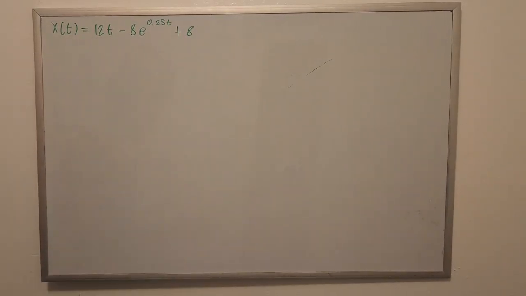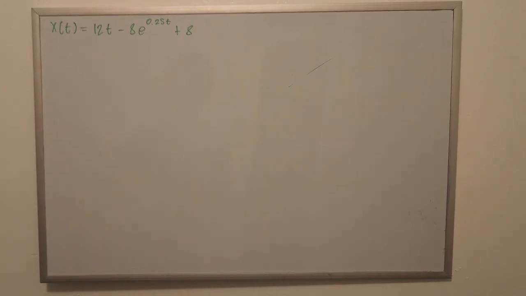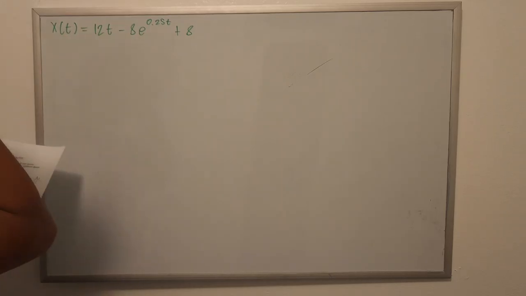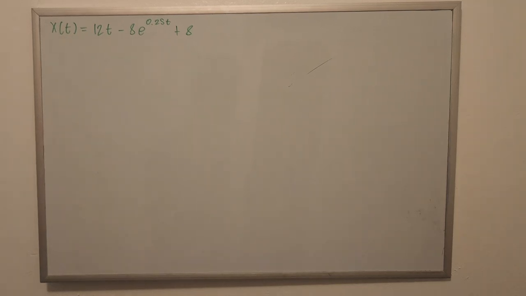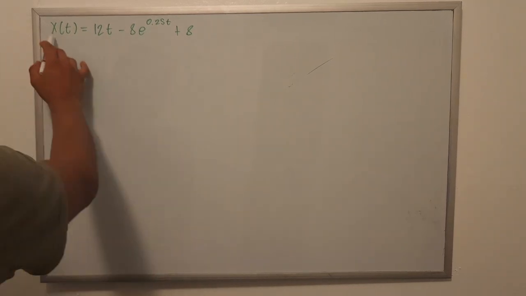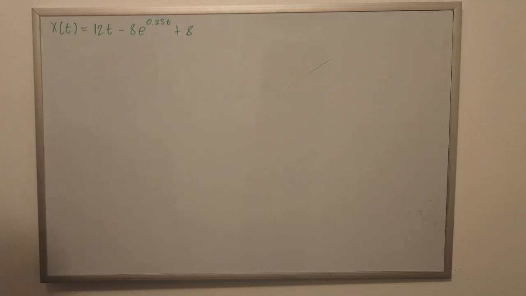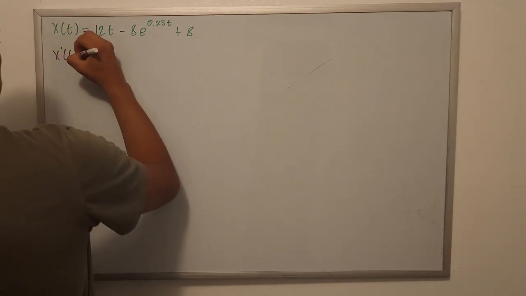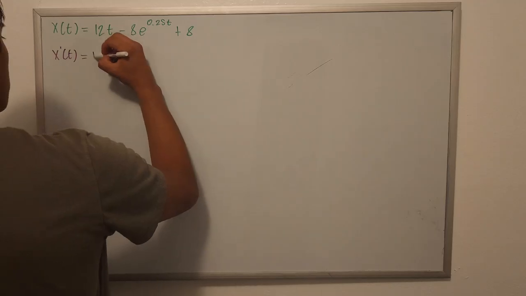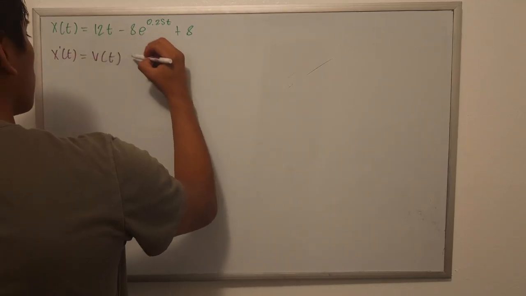The next question is asking us, what is the object's instantaneous velocity at time equals 5 seconds? So to get the equation for instantaneous velocity, we're going to have to take the derivative of the position function. The first derivative of our position function is equal to our velocity function.